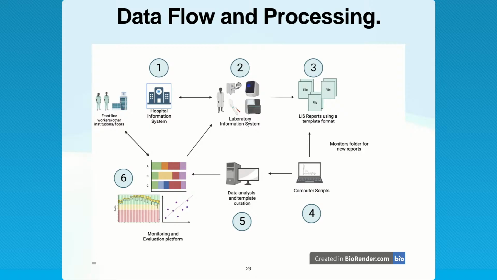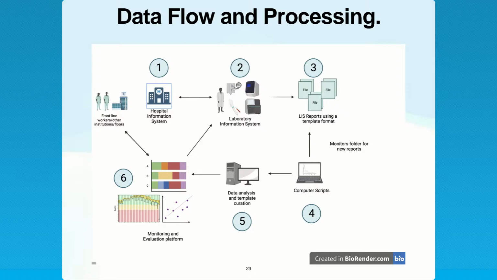And then off it went to the monitoring and evaluation platform. And then that data got fed back to people that needed it: frontline workers, institutional folks, public health, as well as the lab people if that's what they wanted. But this was our flow, and number 3 is the critical piece.